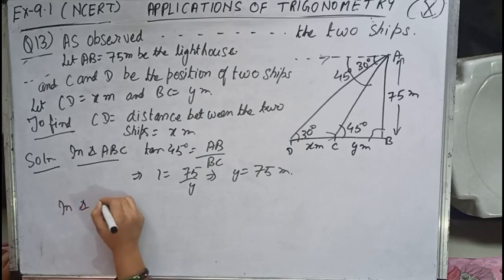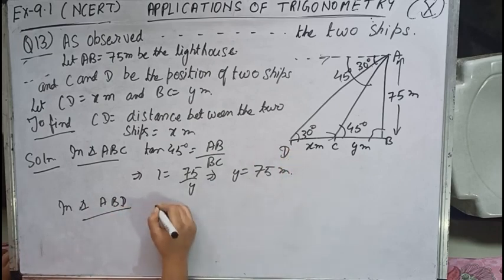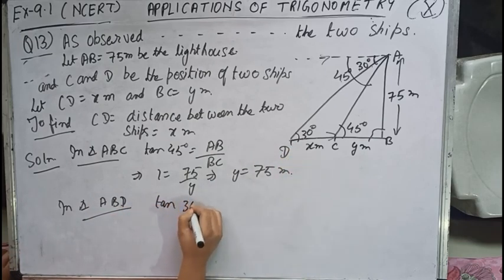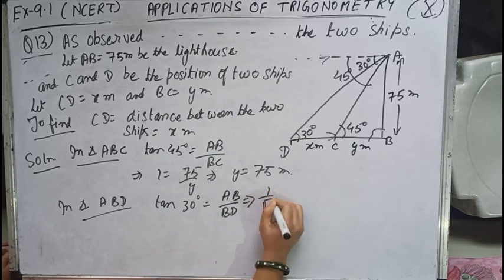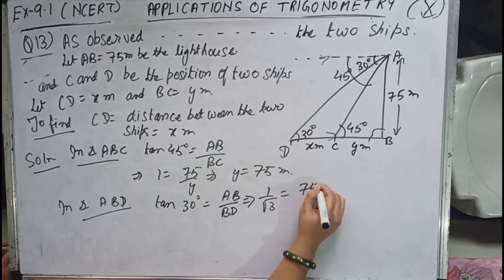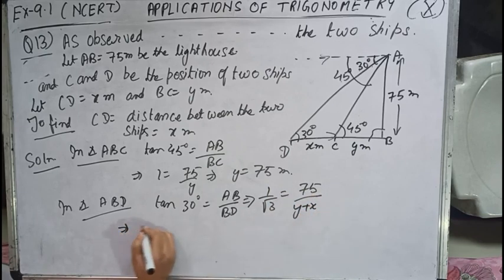In triangle ABD, tan of 30 degree equals AB by BD. This implies 1 by root 3 equals 75 by BD, which is y plus x.